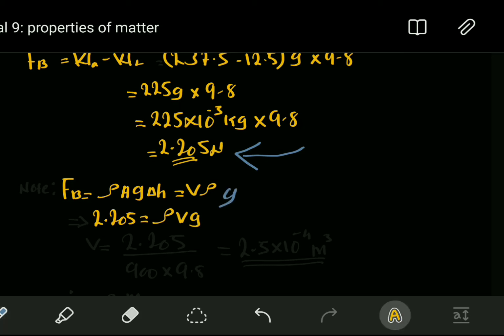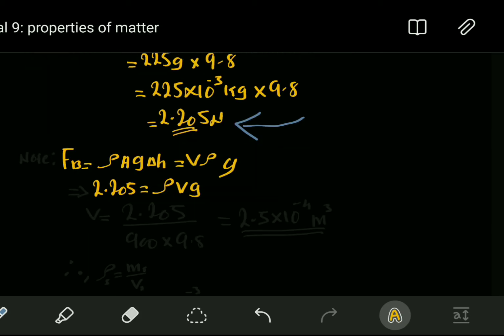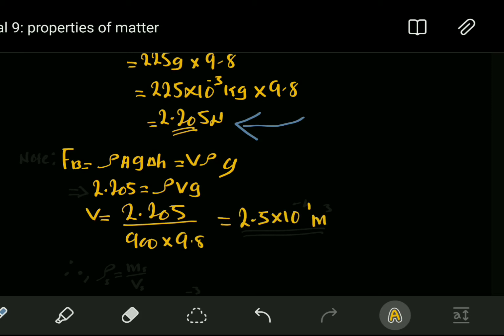It's a little g that I forgot to include here. Right, so we find an expression for the volume. From this we have V equals the force over the density times g, giving us the volume of 2.5 times 10 to the minus 4 cubic meters.